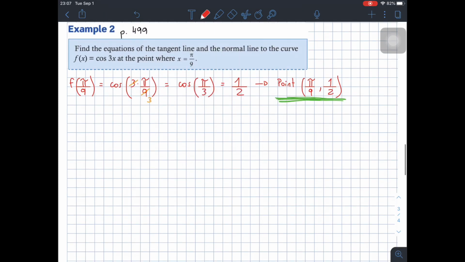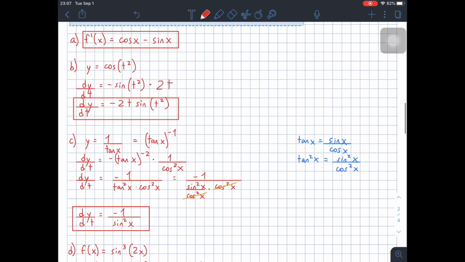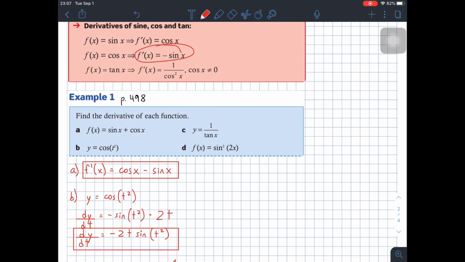Then, the next step is to find the slope of the tangent line. To find the slope of the tangent line, I first need to find the derivative of the function. So I'm going to find f prime of x. To find the derivative of this function, I see that again, we need to apply the chain rule, right? The outermost function is cosine of the angle, and the derivative of cosine is negative sine, right?